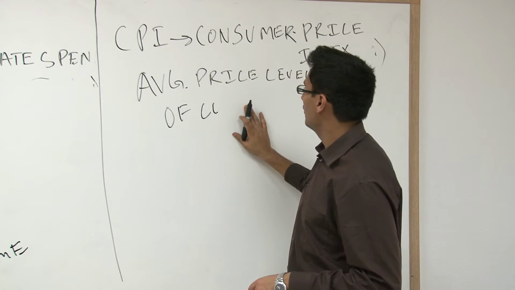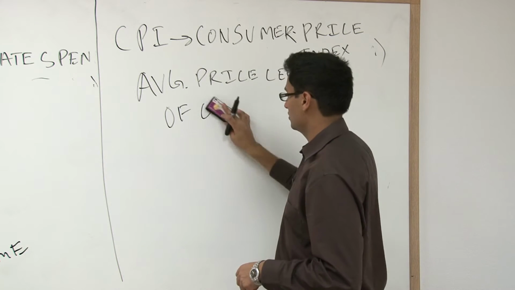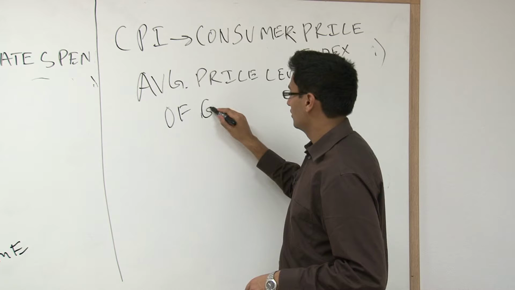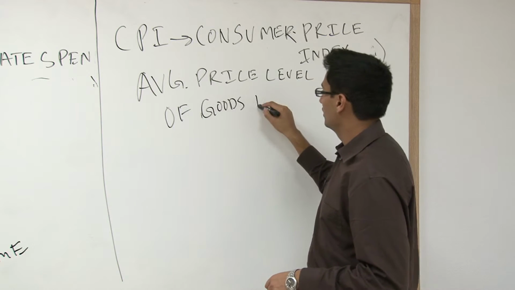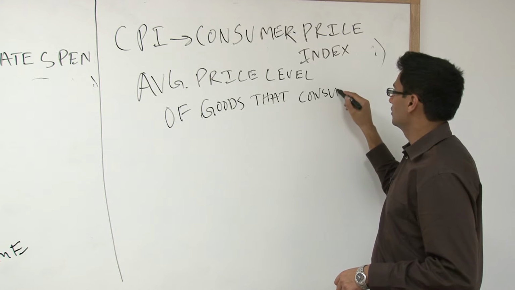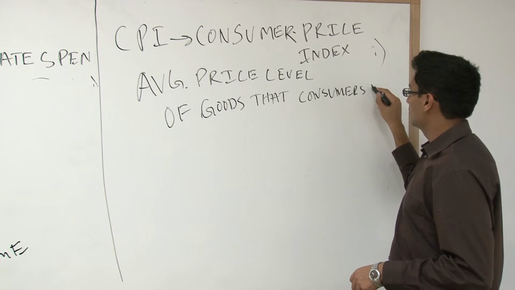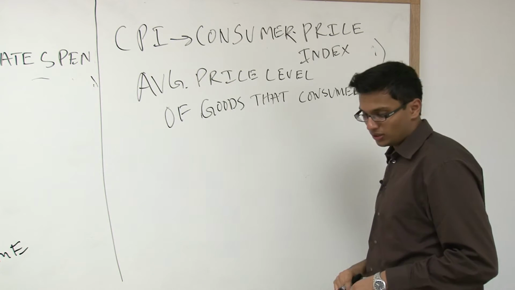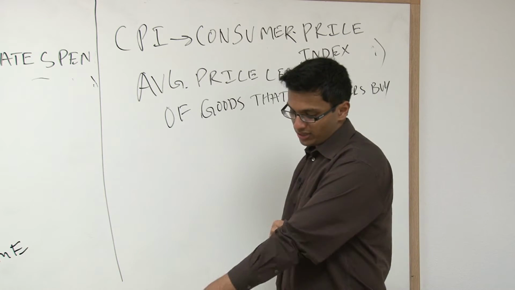Average price level of goods that consumers buy. Okay, so how do we measure that mathematically?